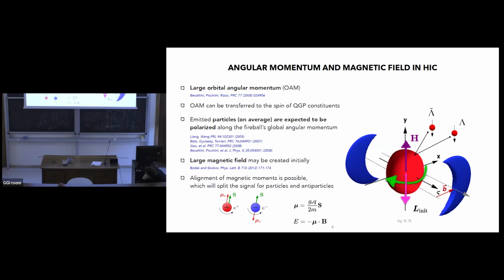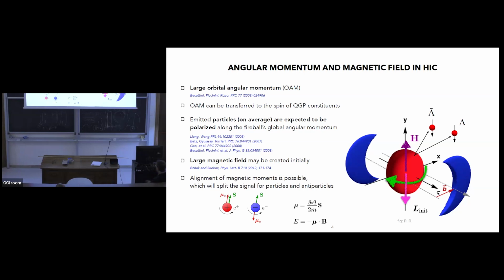There is also another important point: if you have initial particles being produced, then they are oriented according to their magnetic moments and not spins.